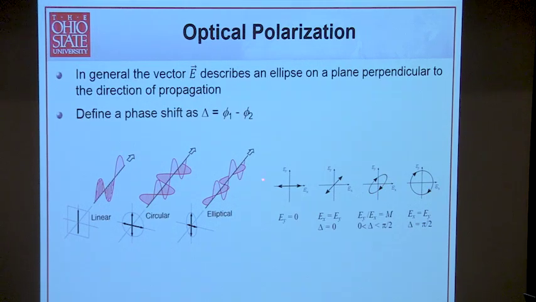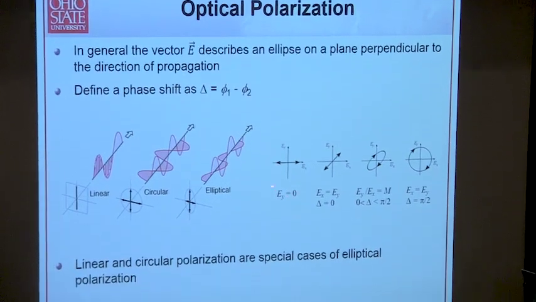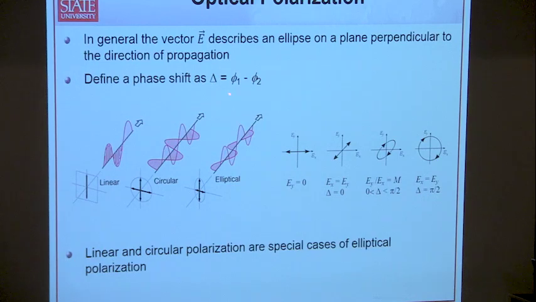Now, of course, our general elliptical case can be written in terms of special cases of linear polarization. Here's a case where we're even missing a component. It's just Y polarization, and therefore phase shift has no meaning if we only have one component. Here's a case where they have the same magnitude and phase shift. This is still linear polarization. It's just 45-degree linear polarization.